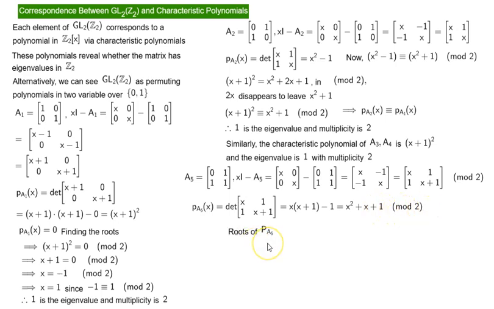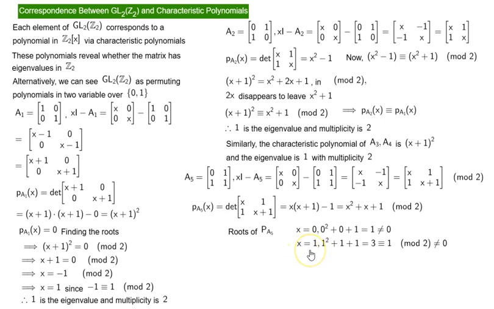What are the roots of P A5? Remember, we are working only with 0 and 1. So one of them has to be a root. To verify it, we can directly do substitution. So let x equal 0. What do we get? 0 squared plus 0 plus 1, which is equal to 1. But we are supposed to get 0. So since it is not equal to 0, it can't be the root.